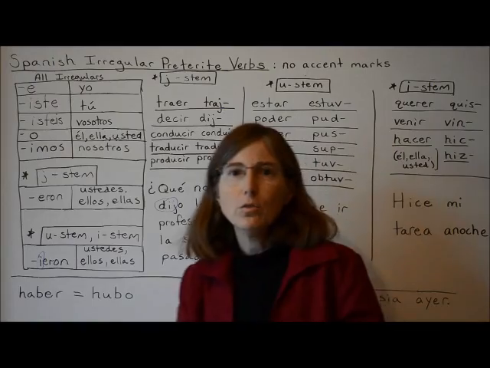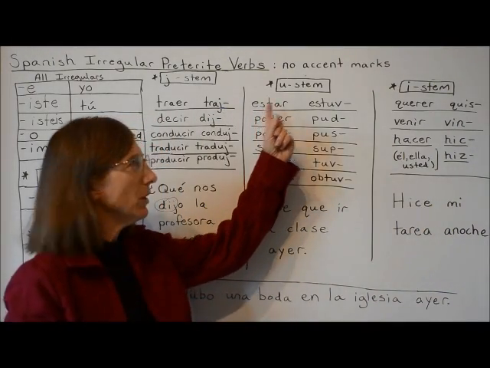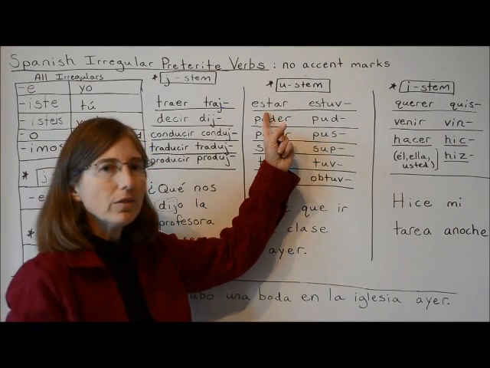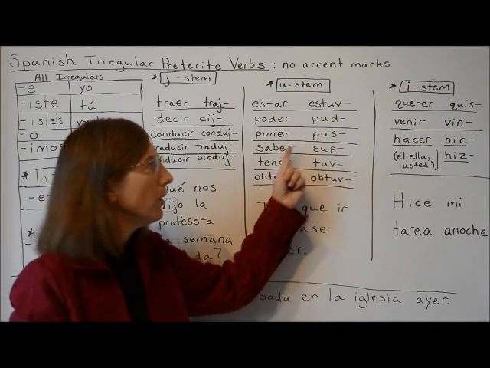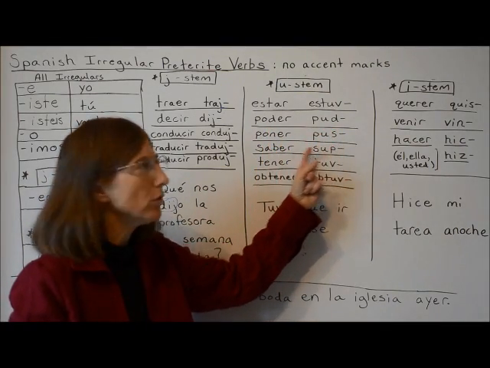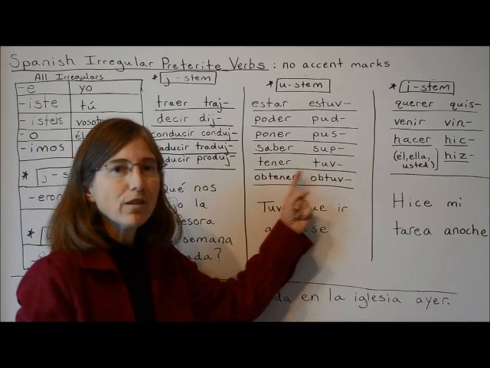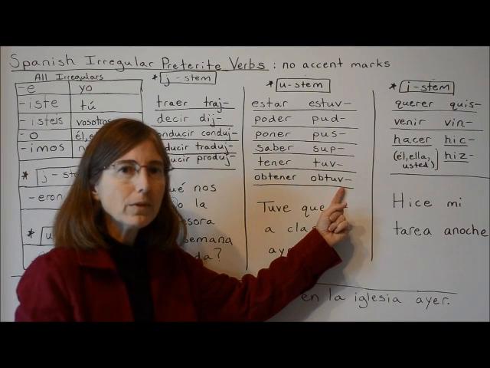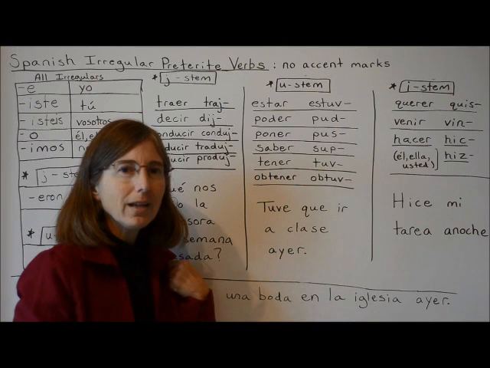Now let's look at the U stem changing. The U stem category of irregular verbs: estar becomes estuv, poder becomes pud, poner pus, saber sup, tener tuv, obtener obtuv. So here's our example sentence. Tuve que ir a clase ayer.